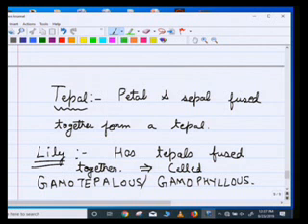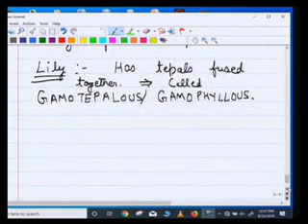The garden lily has simple white colored flowers or yellow colored flowers. So that represents the gamotepalous or gamophyllous condition. All right, let's move on.